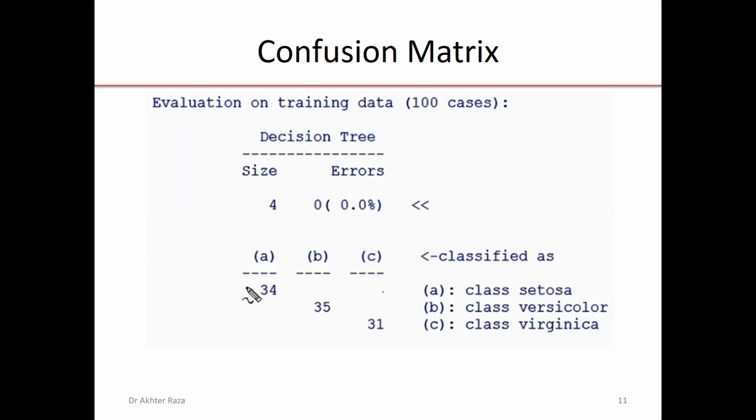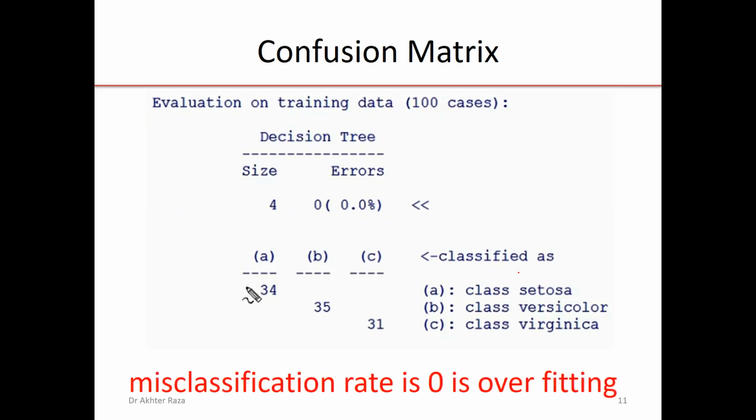None of the elements is misclassified. So 100% accuracy on the training data set, but we have to check it on the testing data set. The misclassification rate is 0.